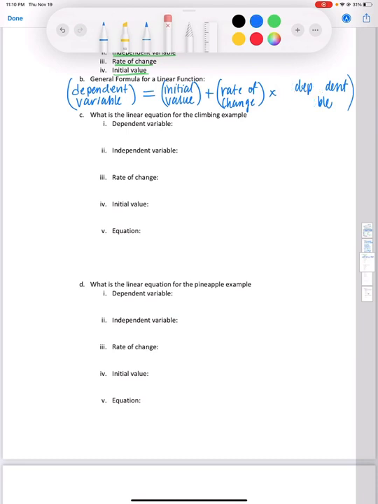Now for the climbing example, we're going to write a linear equation.